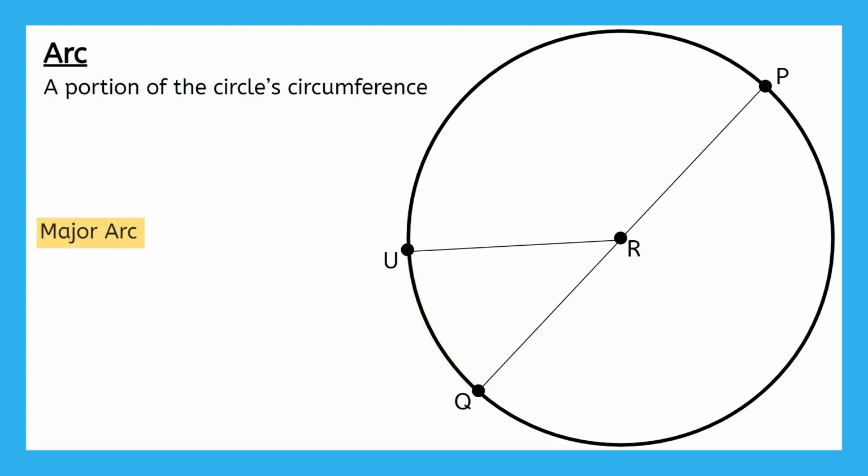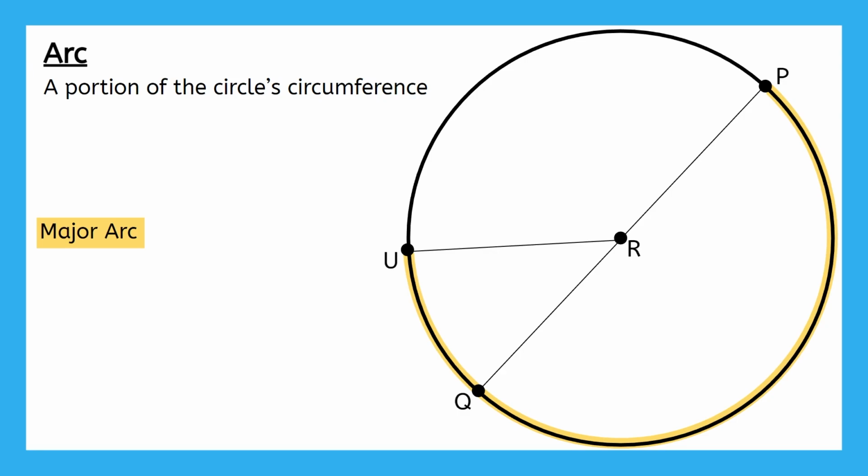Next is a major arc. Major arcs go more than halfway around the circle, and they're named using their two endpoints and a point between them. Here's a major arc, since it goes more than halfway around the circle. What do you think we can name this arc?